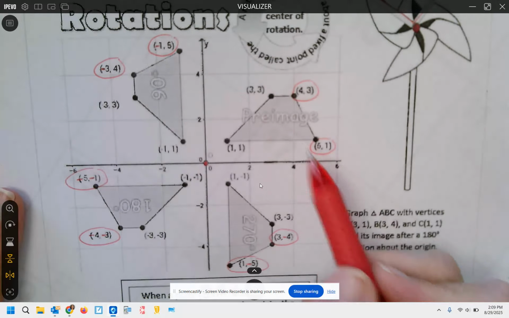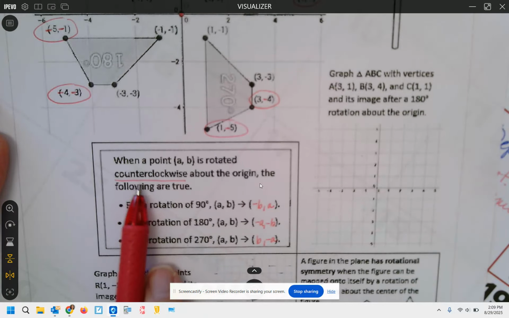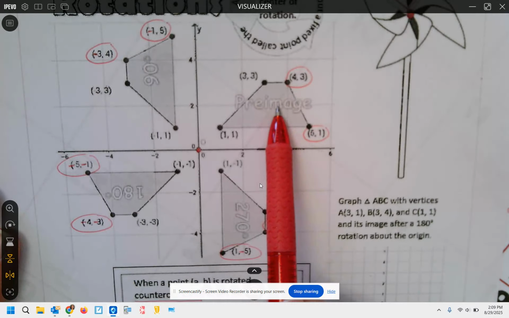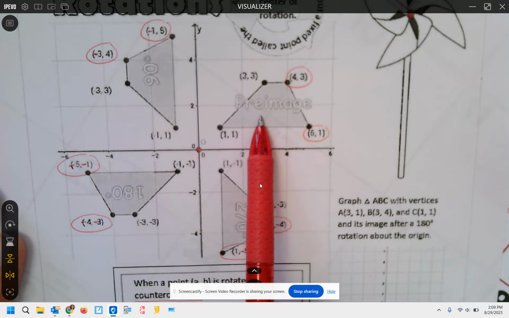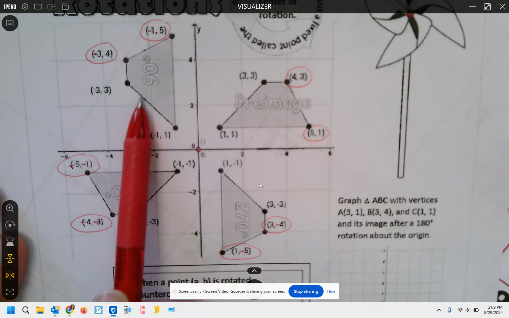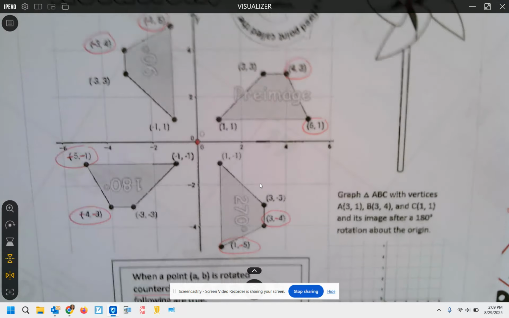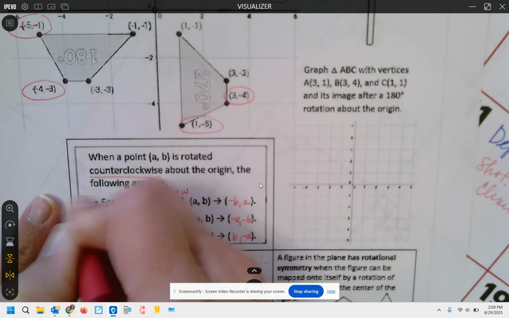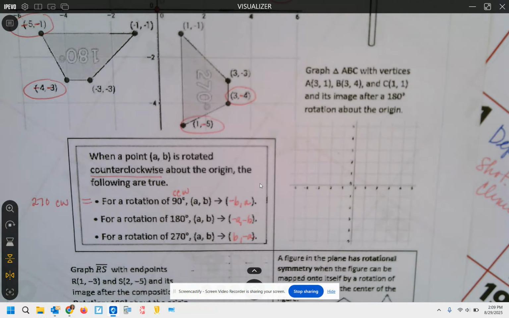And one other thing I wanted to point out, since our rules down here are only written in terms of being counterclockwise: if I take my pre-image and go counterclockwise 90 degrees, that's actually the same result as if I went clockwise 3 quadrants away, 270. So a rotation of 90 degrees counterclockwise is equal to a rotation of 270 clockwise.